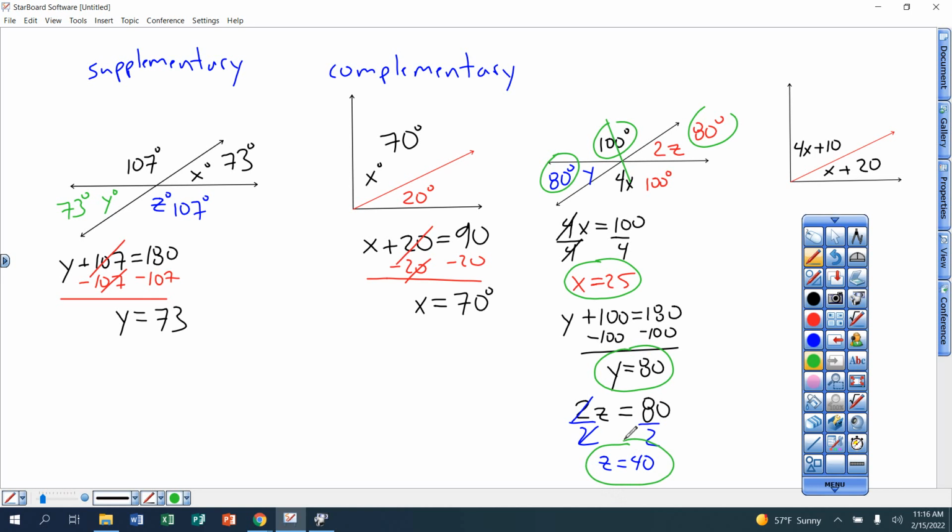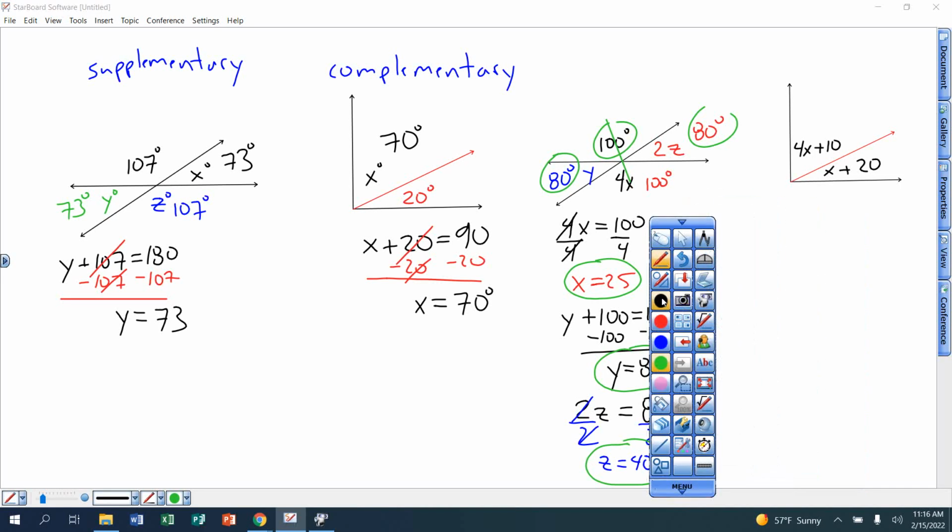All right, last one. These two are complementary, so a little bit different of a problem. I'm going to add these up equal to 90. I'm going to have to combine like terms, and that all equals 90. I'm going to combine these x's, and then I'm going to combine the plain numbers. So here I go.